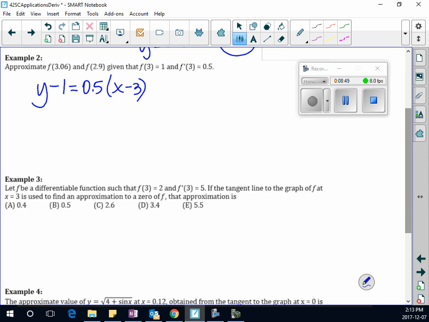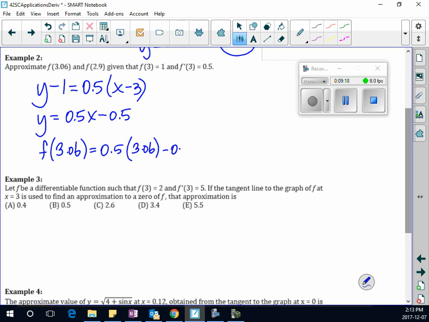Okay. So y equals 0.5x. 0.5 times 3 is negative 1.5. Plus 1 is negative 0.5. Yes? Okay, so then if I want to approximate f of 3.06, that would be 0.5 times 3.06 minus 0.5.